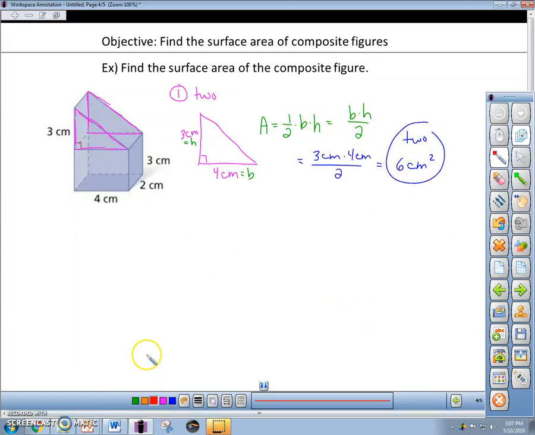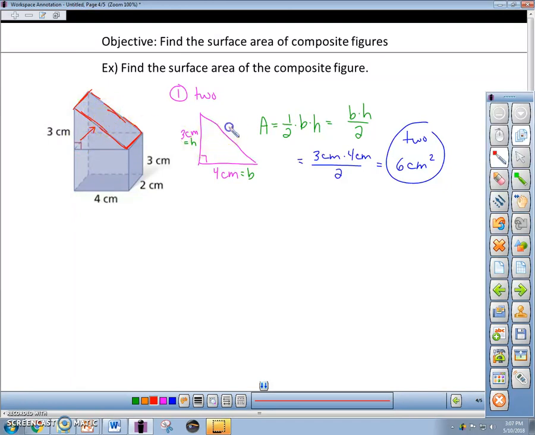All right. Next, let's take a look at this right here. This is a rectangle. What we notice about this is that this edge of the rectangle is also the hypotenuse of this right triangle, which we don't know the measurement of.